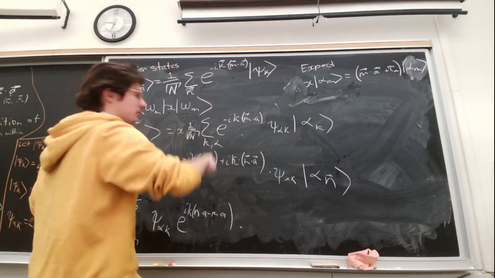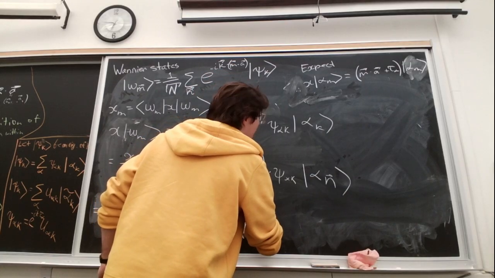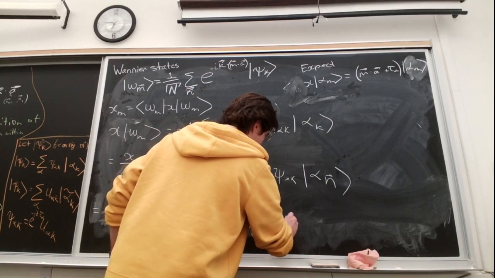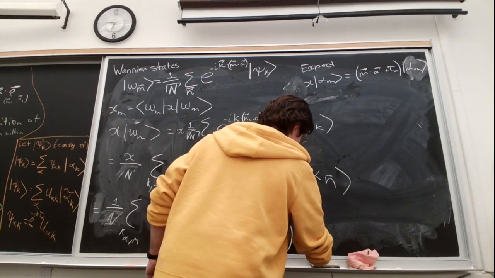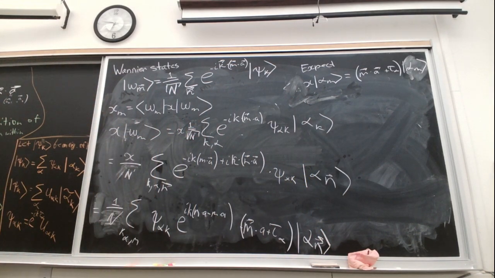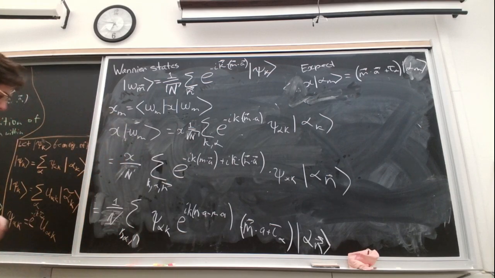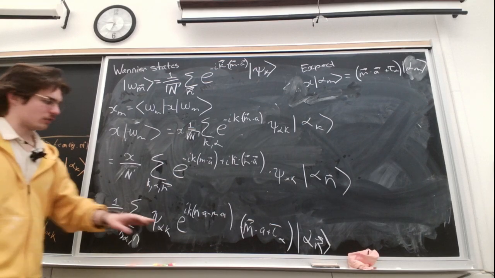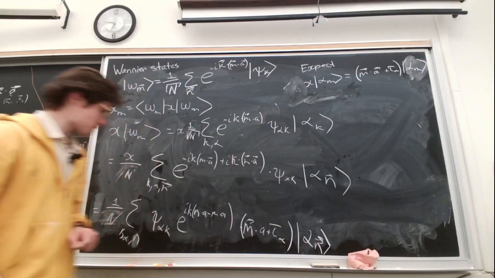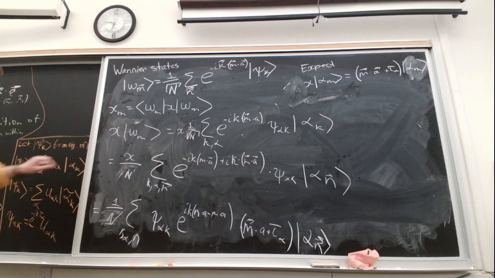Times m dot a plus tau alpha, alpha n. Okay, there we go. And I have a sum over k, alpha, and n. Do you agree? Right, so this is just some number, some factor. Okay?